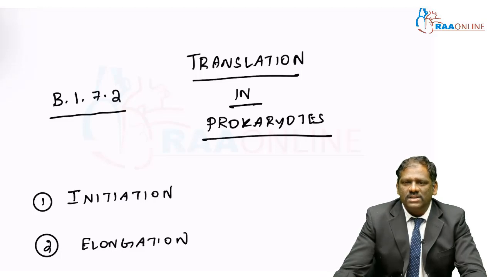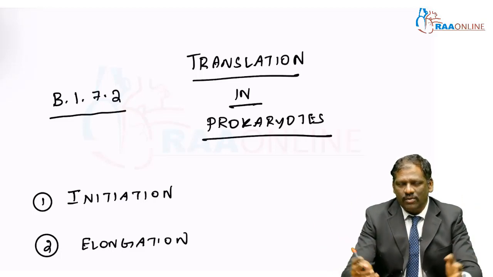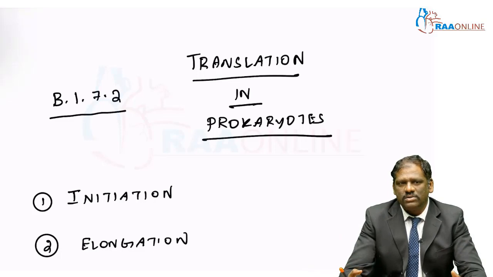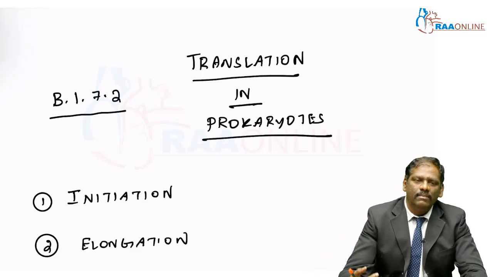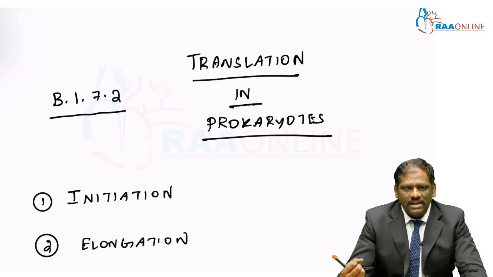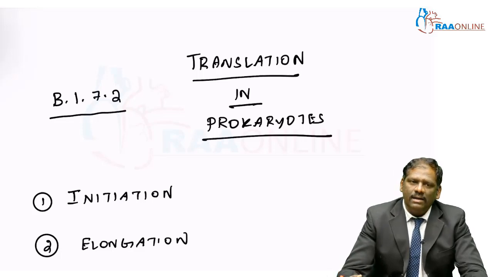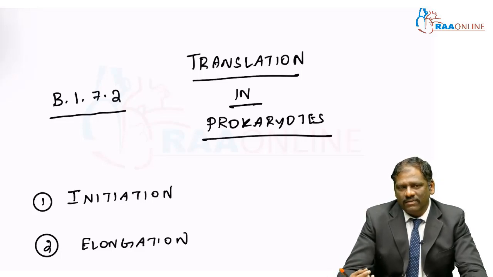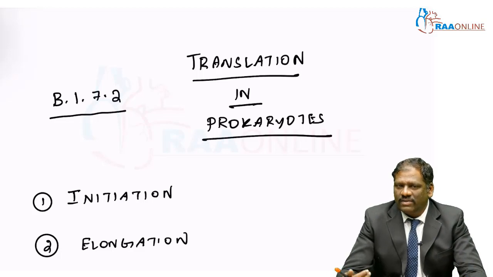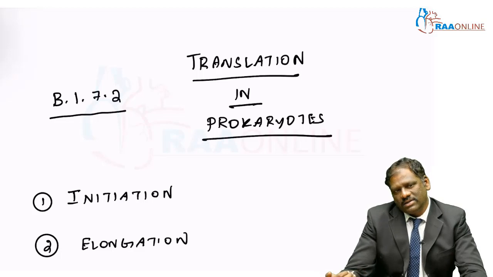And finally, since you are bringing all these things together, you need lots of volunteers, and this function is done by various kinds of translation factors. These translation factors are named according to the place in which they help. During the initiation process, they are called initiation factors. During the elongation process, they are called elongation factors.